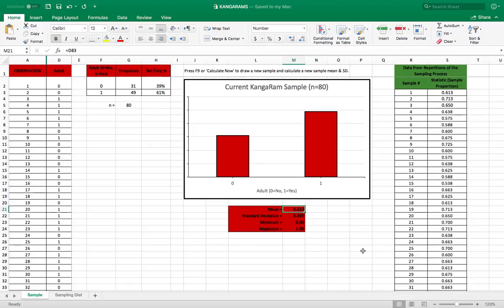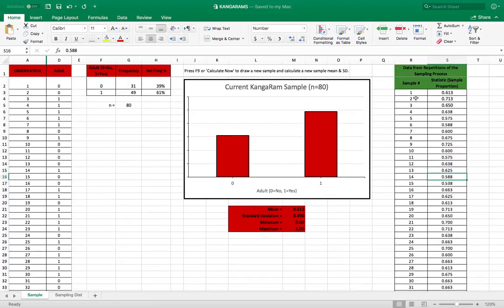Since it's closer to 1 than to 0, we know there are more adult kangarams than non-adult kangarams in this sample. Looking at columns R and S, that's pretty much par for every single sample. Every sample is above 0.5, which indicates that in every sample we drew more adult kangarams than non-adult kangarams.